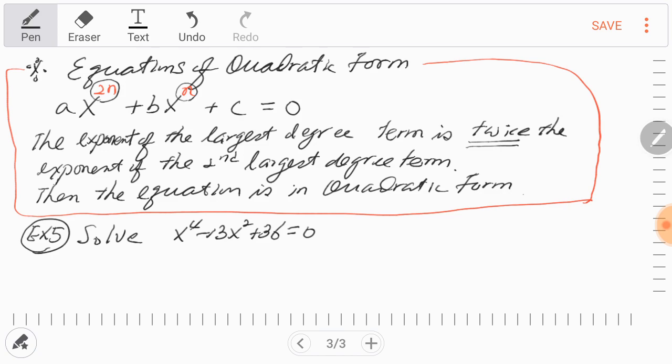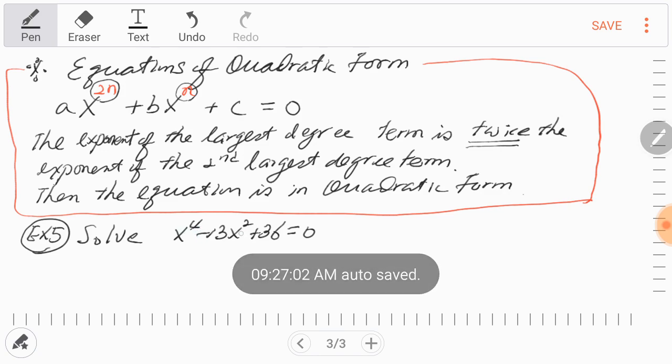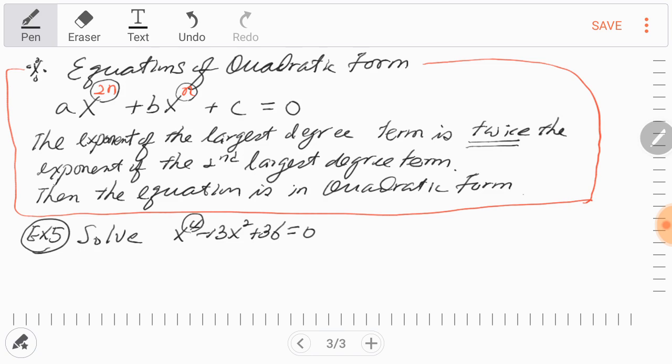Then this is in quadratic form. So something like this, Example 5. The largest degree is 4, and 4 is twice the second largest degree term. So 2 times 2 is 4. Then this is in quadratic form.